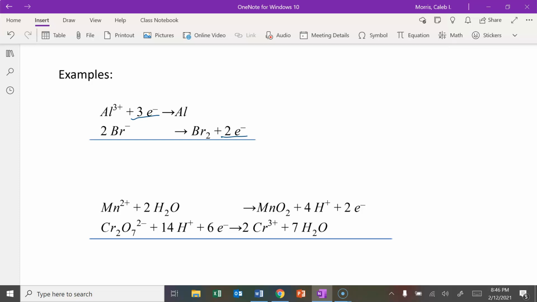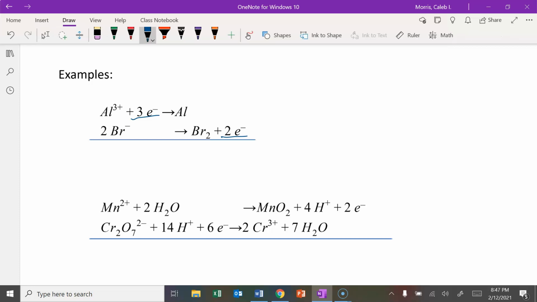So what we need to do is make those numbers the same. Well, they're not the same, so I can multiply this top number by 2, and I can multiply all the numbers on the bottom by 3, so that I'm going to have 6 electrons on the reactant side and 6 electrons on the product side.